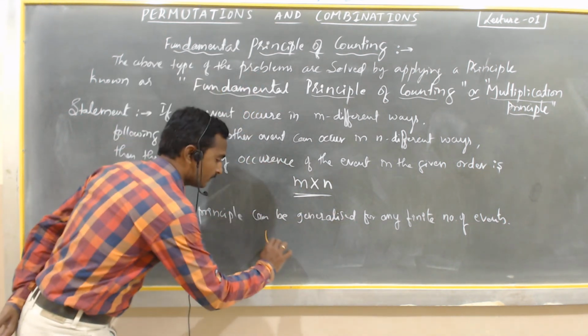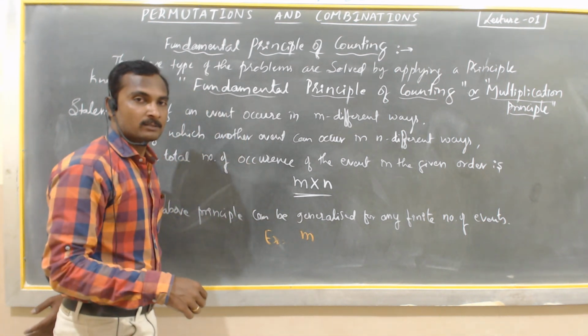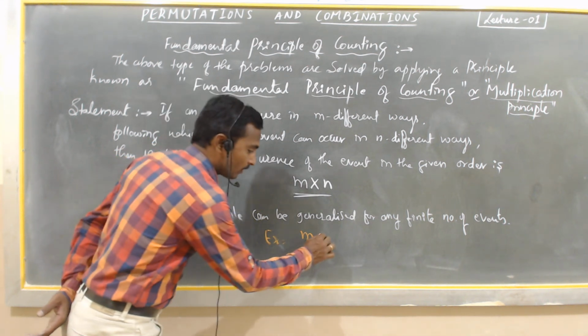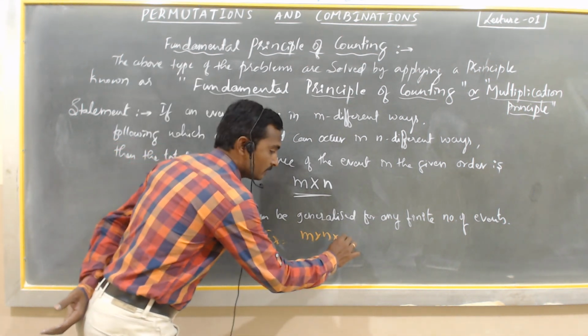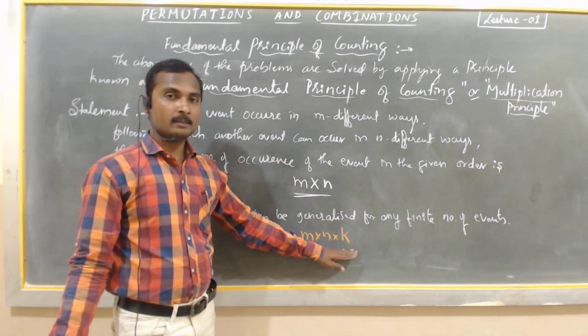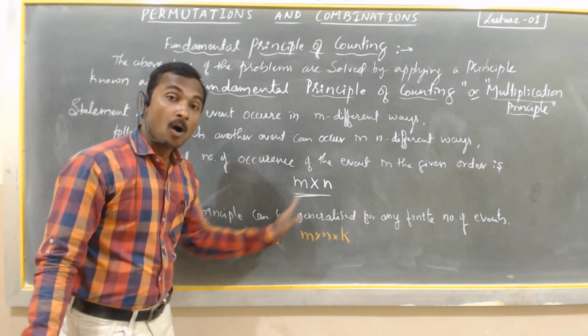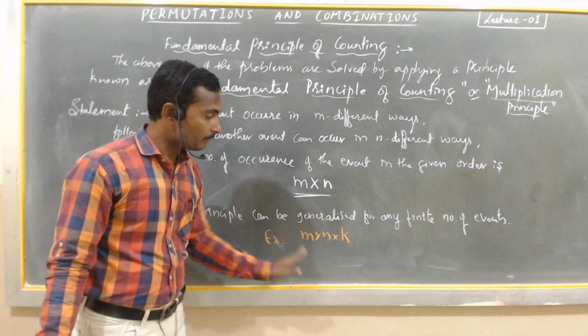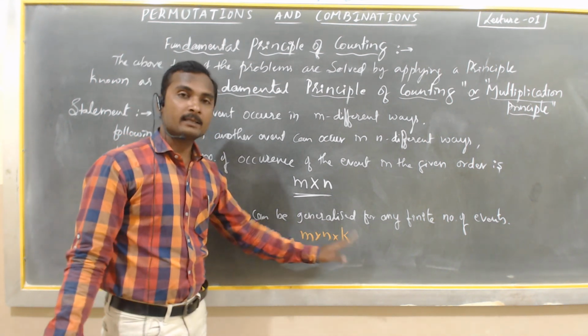For example, if there are totally m events in the first step, following which n events occur in the second step, following which k events occur in the third, it means m into n into k is the total number of occurrences possible in the given order m, n and k.